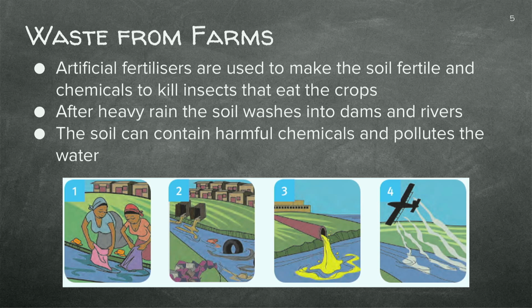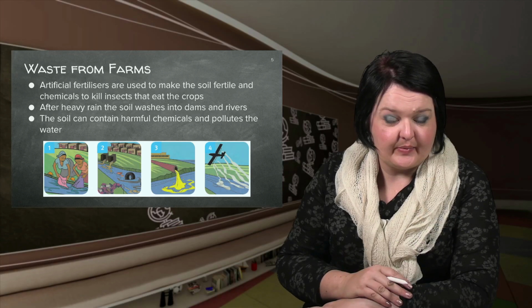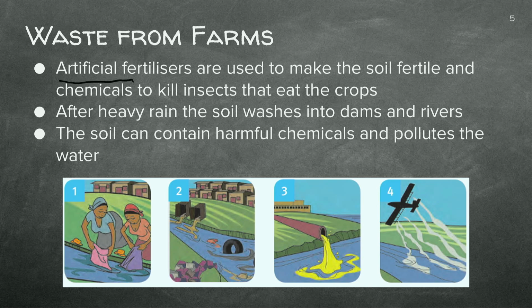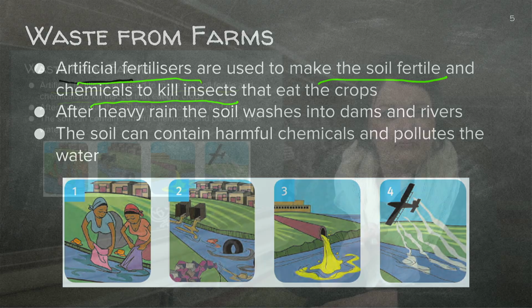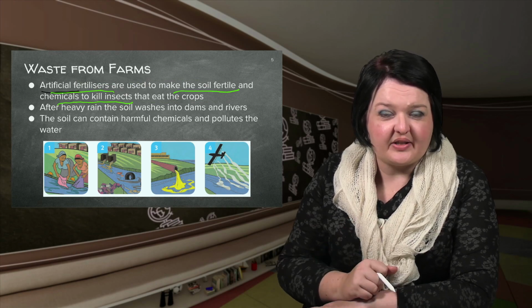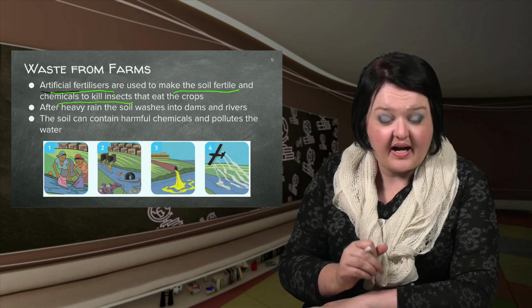And remember, farming is an essential process for us humans. So artificial fertilizers are used to make the soil fertile and chemicals to kill the insects that eat the crops. So the whole idea is to actually increase the production of the farm.